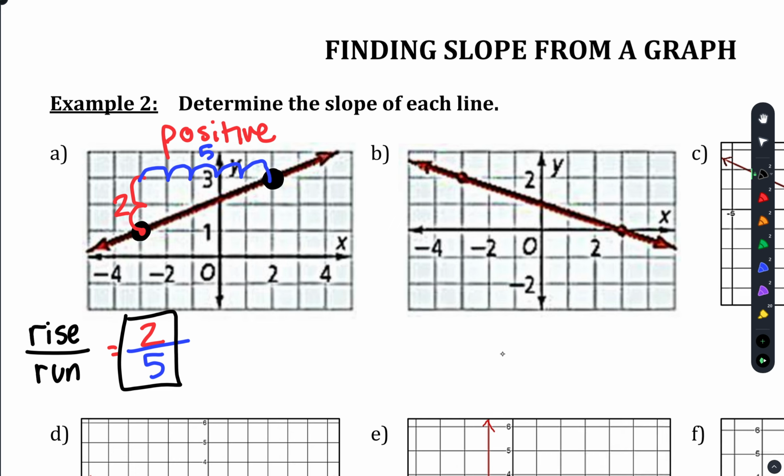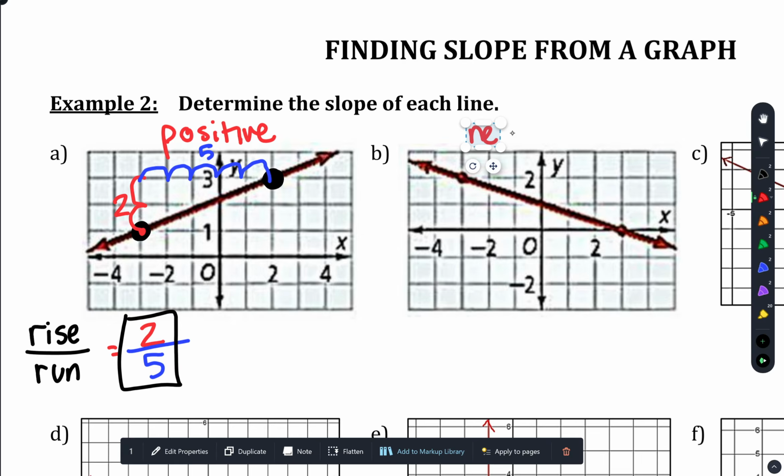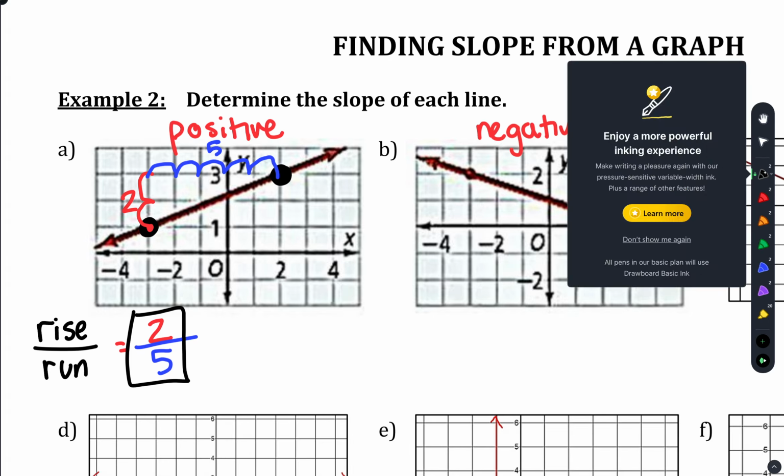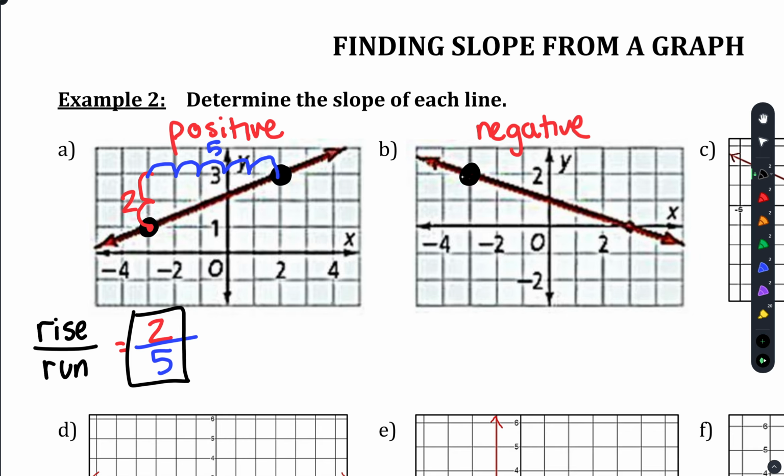Okay, look at B. Looking at my graph, is this going to be a positive number, a negative number, 0, or undefined? It's going to be negative. So if my slope that I find in a second is not negative, then I did something wrong. I start with the point on the left, which is that guy right there. I'm first going to count the rise. Now, sometimes my rise is negative. That happens.